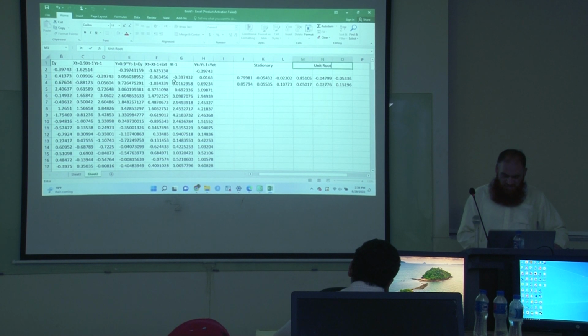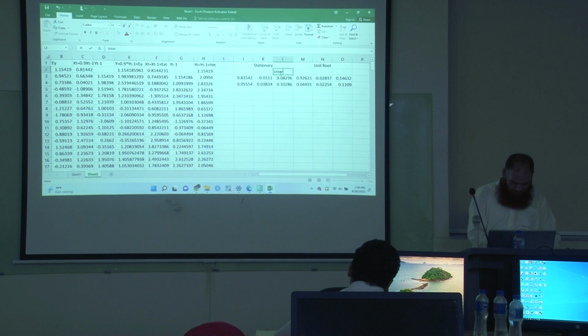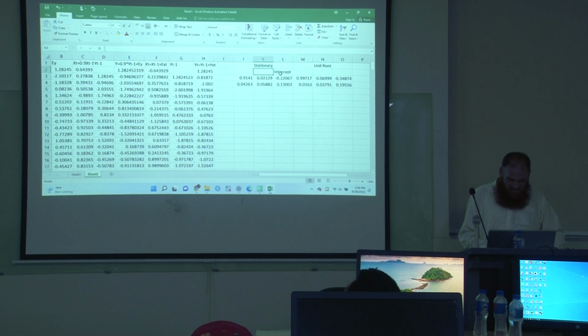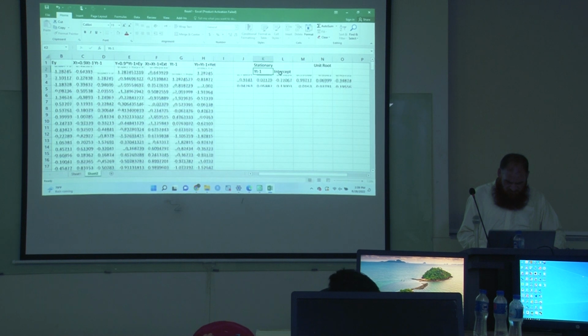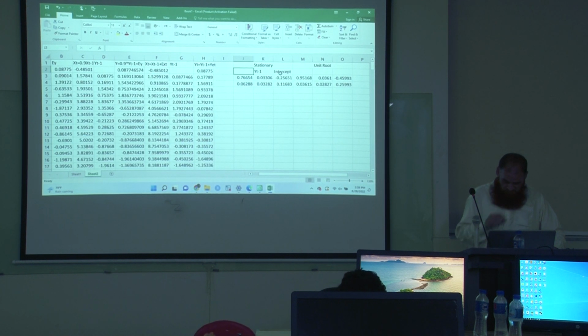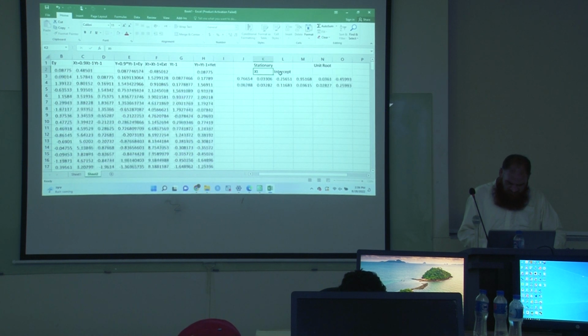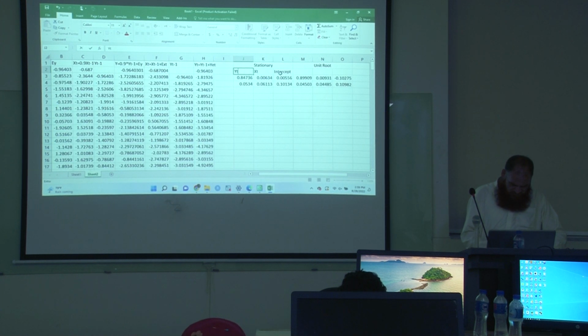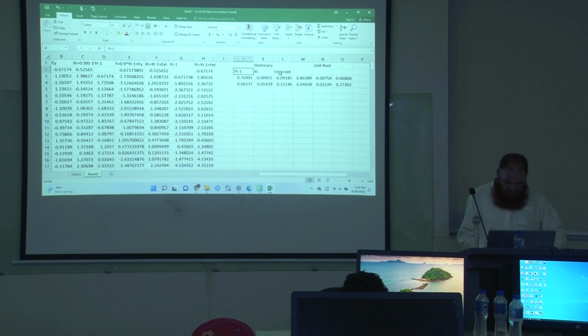So we will have intercept here, and then this will be the column yt minus 1, sorry, this should be xt, and this is yt minus 1. And same ordering is followed for the next three things.